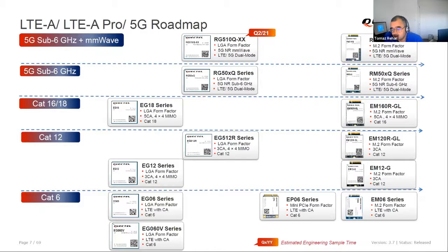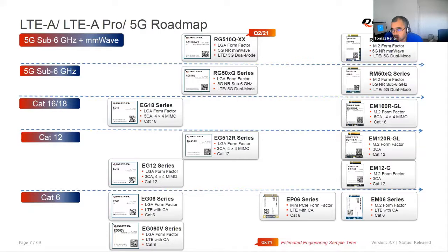That means routers or devices which have only this interface, in such devices, you will not be able to plug in a mini PCI 5G module, because simply it does not exist. It's not a standard.